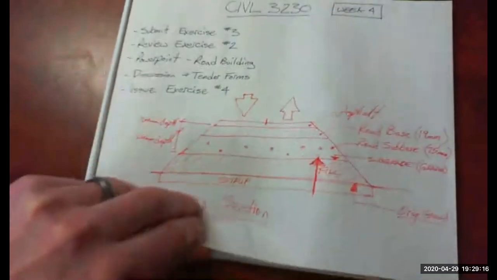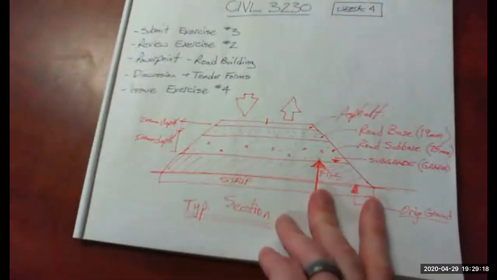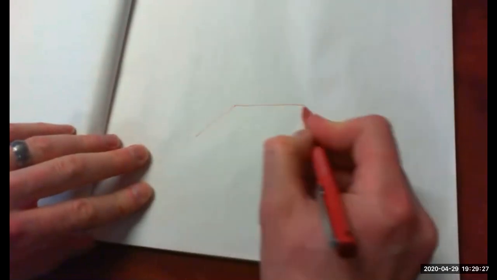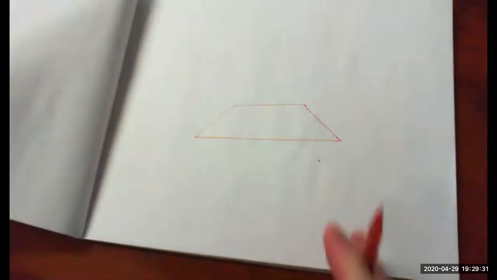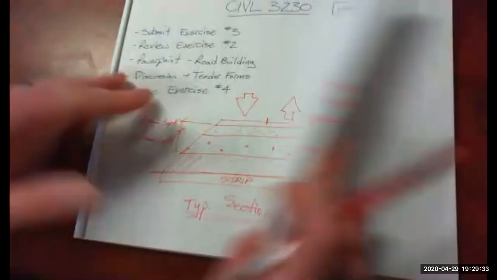If I do a cut section, I'll show you what that looks like, or an example of what it could look like. So the same sort of prism here, right?